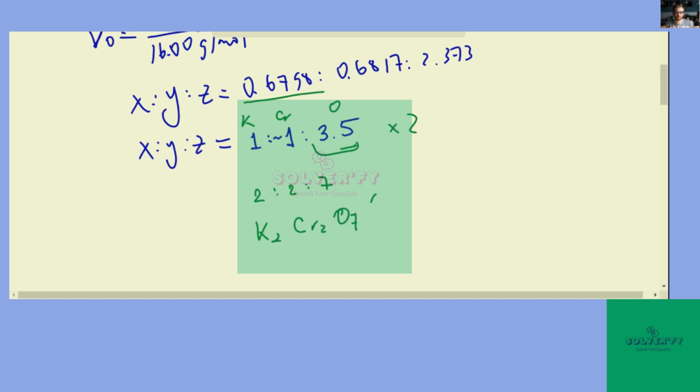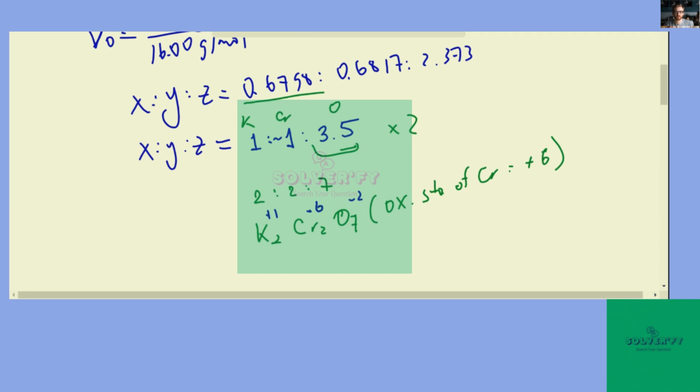It means that the oxidation state of chromium is plus 6, because oxygen is minus 2, so the overall negative charge is minus 14. Potassium is plus 1, so chromium has to be plus 6 to balance the charge. So the answer to this first question is plus 6.